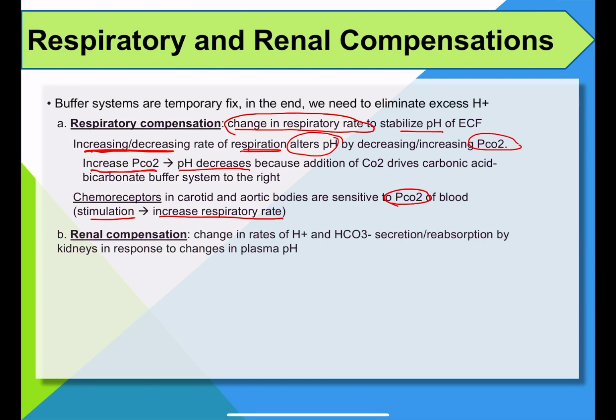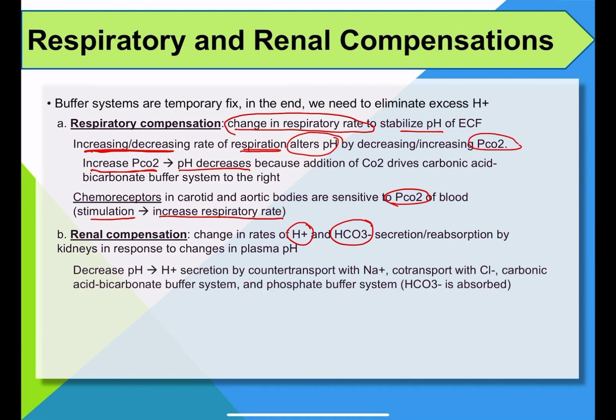Now, what about renal compensation? What does it do? Renal compensation will change the rate of hydrogen ion and bicarbonate ion secretion or reabsorption by the kidneys in response to changes in the plasma's pH. So, for example, if you have too many hydrogen ions around, which decreases your pH, in the case of acidosis, then hydrogen ions can be gotten rid of through a couple different ways.